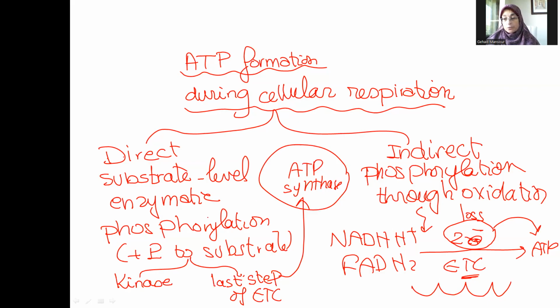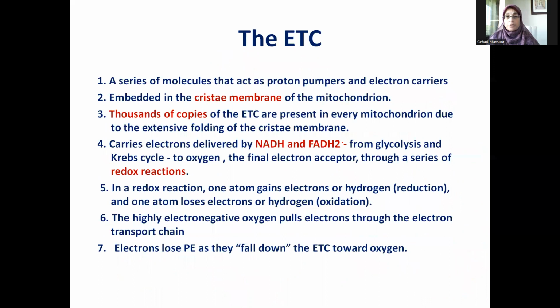When the protons pass down the ATP synthase, it rotates, and that rotation helps in the process of direct phosphorylation. So you're actually adding phosphate directly to ADP plus the produced energy to form ATP. So again, although ATP synthase is the last step of the indirect process of oxidative phosphorylation, the ATP synthase reaction itself is a direct substrate phosphorylation.